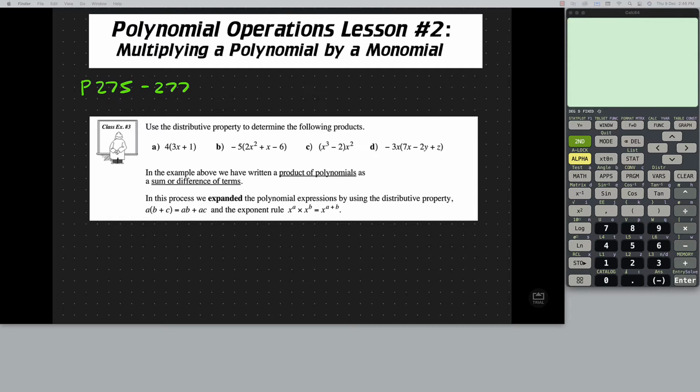Okay, so let's take a look at what we have here. It says use the distributive law. Now, back in Canada, we used to just have a saying for this, which was feed the chickens. Sort of a funny thing to say, but that is basically the distributive property. So we're going to take this algebraic expression, which is 4 times 3x plus 1, and we're going to expand it out.